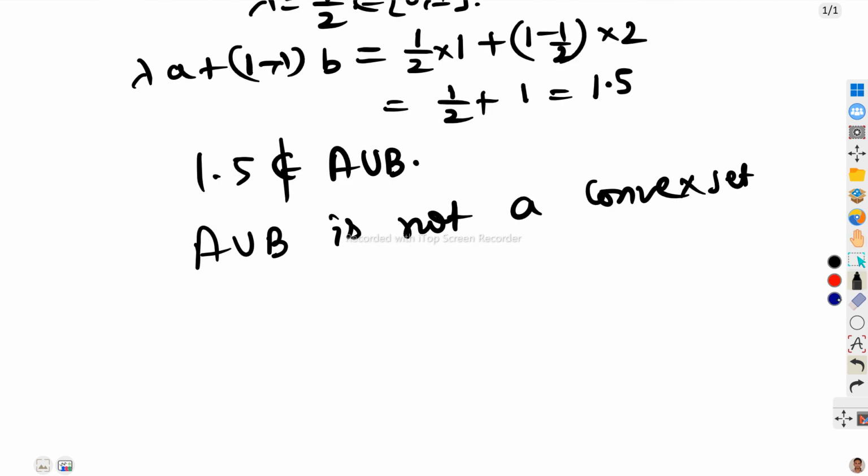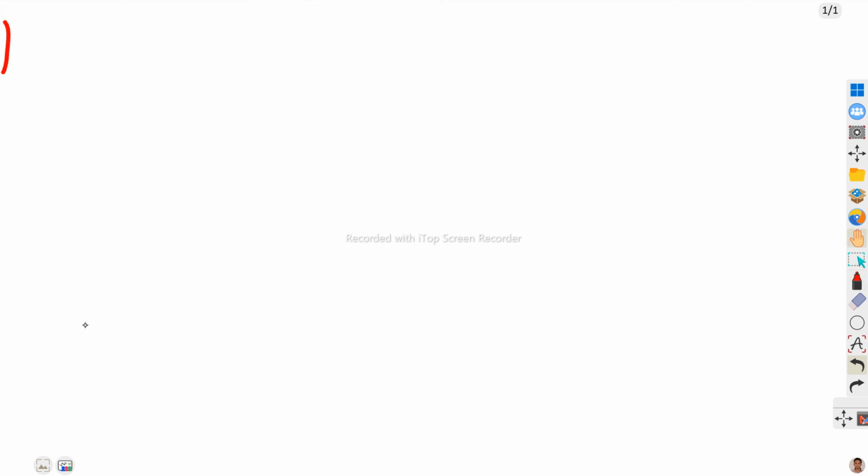Again, we have a theorem. What is the theorem? The theorem is about the intersection of two convex sets.